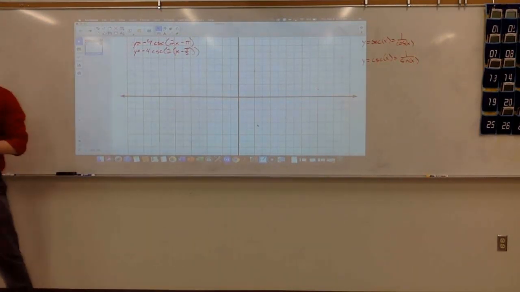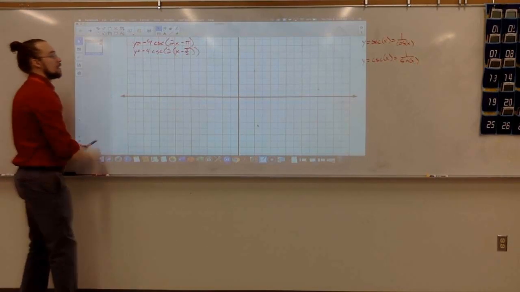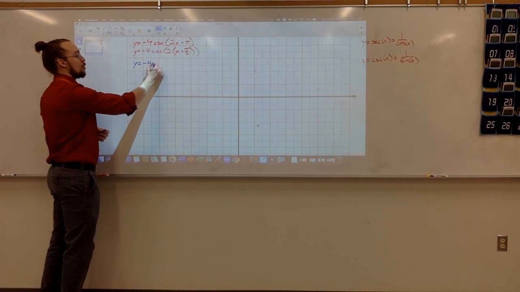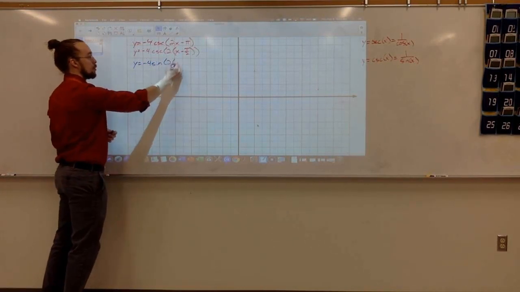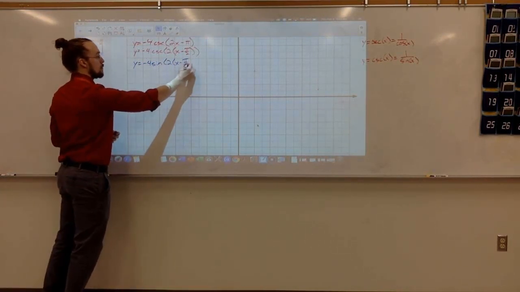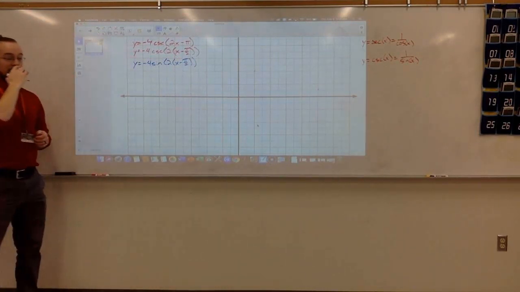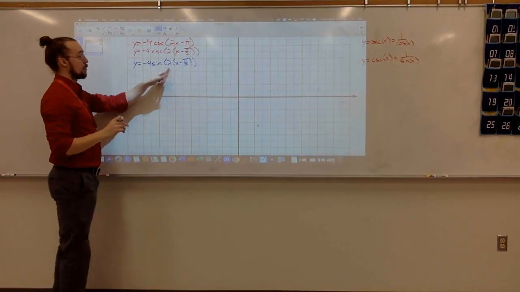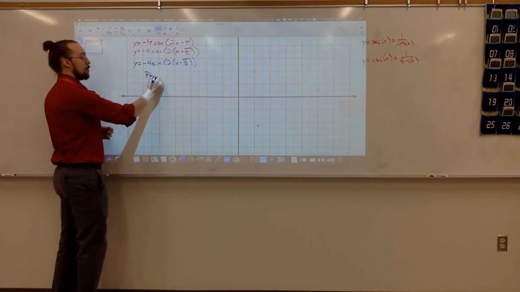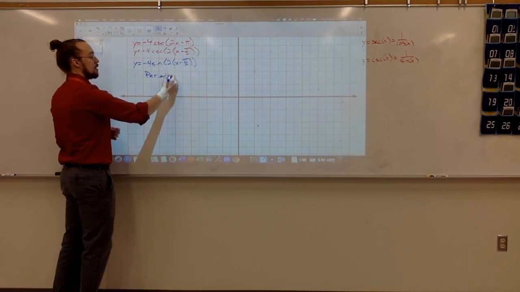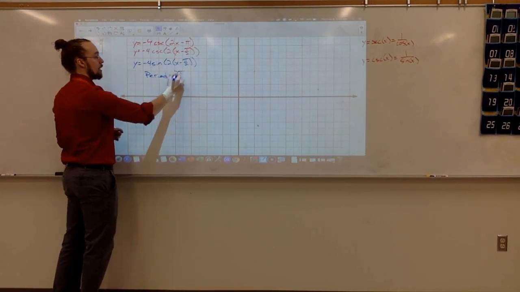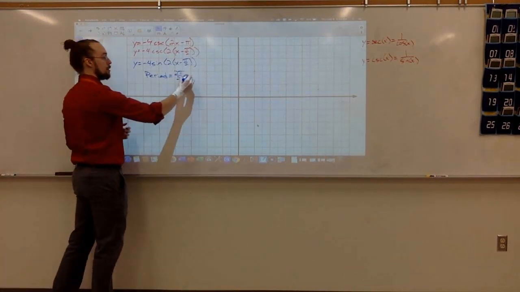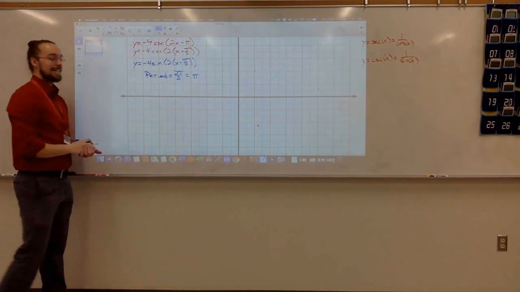So now, what we first want to graph is y equals -4 sine of 2 times x minus pi over 2. So the first thing I want to do is look at my period change. 2 pi divided by b, my b value is 2, so my period is going to be pi.